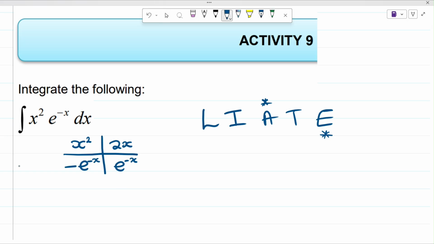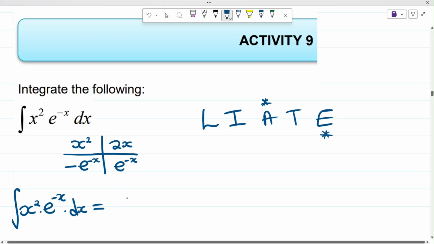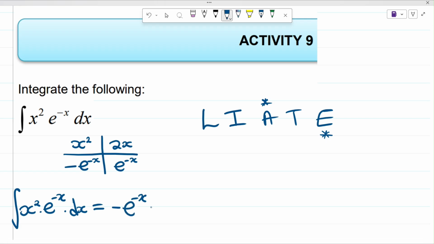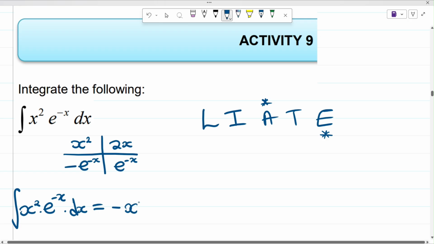All right, now after having the cross, we know that we do the very same procedure. Here we're going to copy x squared e to the power of negative x dx, equals the second quadrant multiplied by the third. So this is going to be negative x squared e to the power of negative x. It's beautiful like that when I start with x squared.